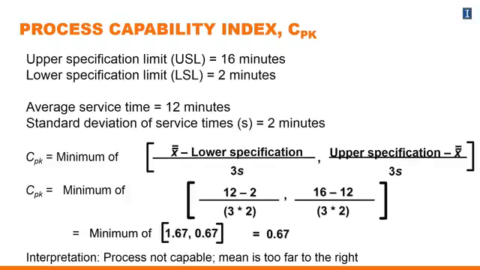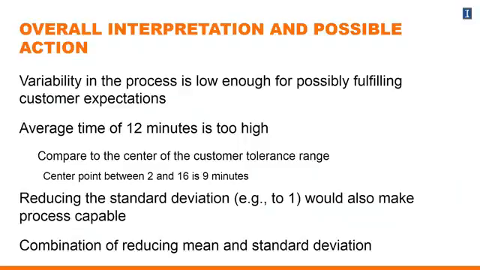And then you can see the average service time of 12 minutes is higher than 9. So it's too far to the right, and that's why you have times that are going to be higher than the upper specification limit coming out of this process, right? So this gives us a quick indication that this process is not going to be capable of serving these types of customers. They're going to be unhappy customers.